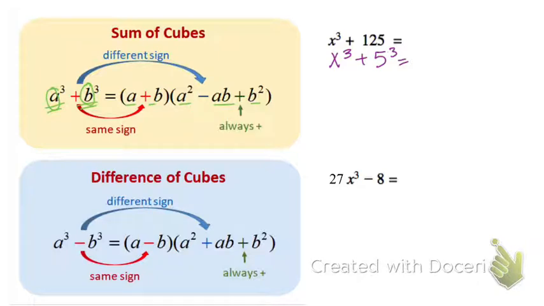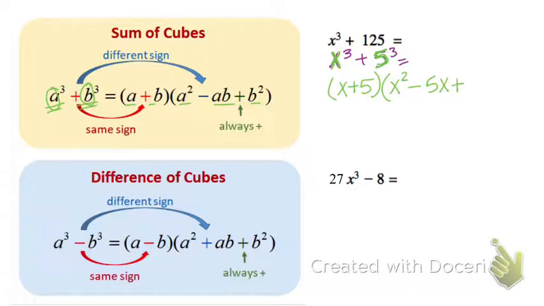So in our example, A is this X and B is 5. So if I substitute it in, A plus B is X plus 5. A squared is X squared, minus A times B, so X times 5, which is usually written as 5 times X, plus B squared.